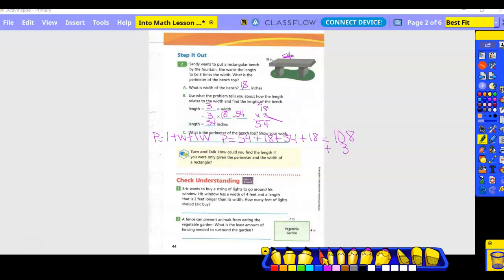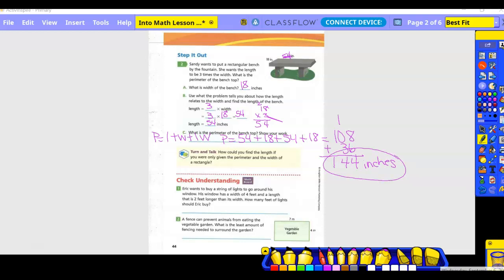So plus 36. Let's go ahead and just write it this way so we can add it. So 8 plus 6 is what? 14. 1 plus 0 plus 3 is 4. And then bring down the 1. So 144. What's my label? Inches.